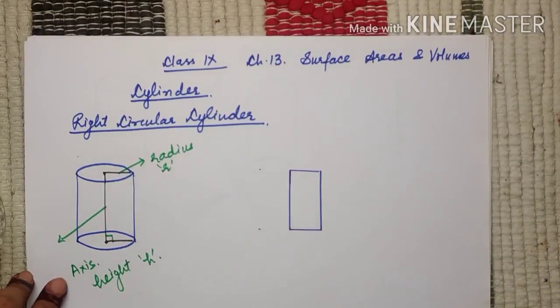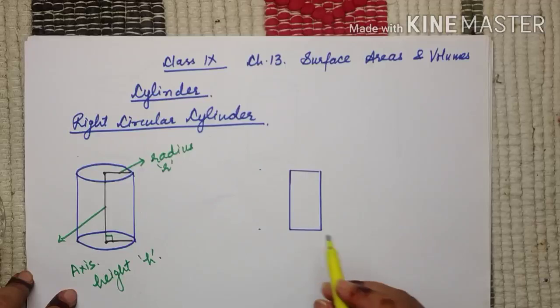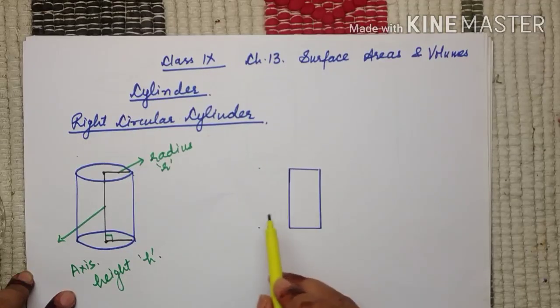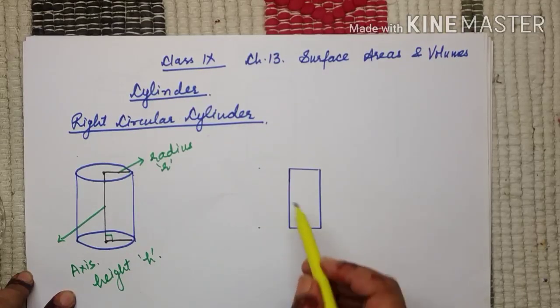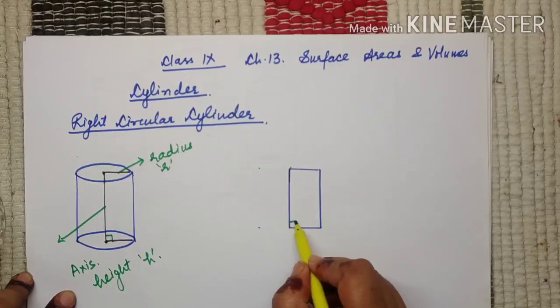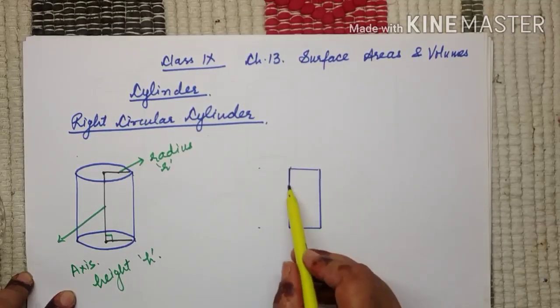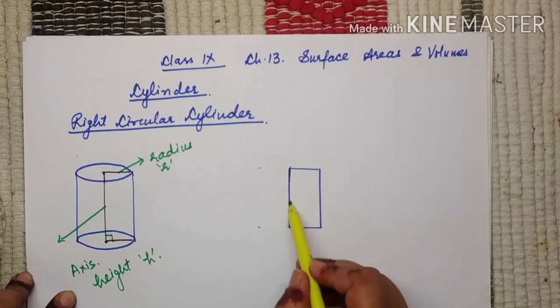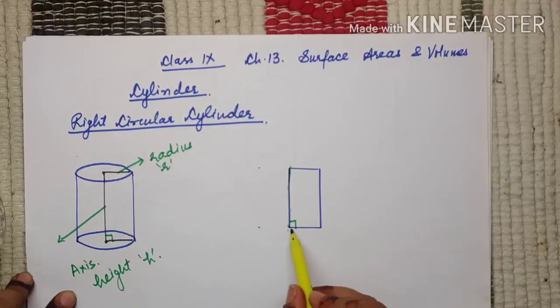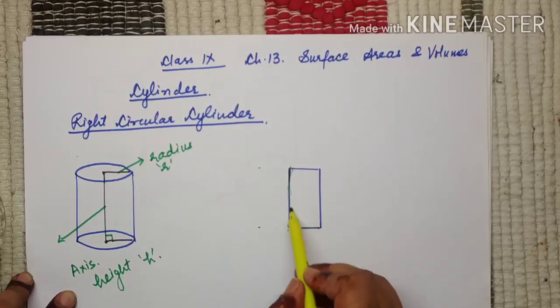See, I have a rectangle here. Now if I revolve this rectangle around one of its perpendicular sides, all angles are 90. I am revolving it around this side. You can revolve it around this side also, but I am revolving it around this side.